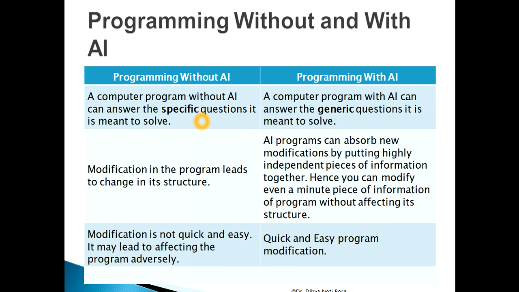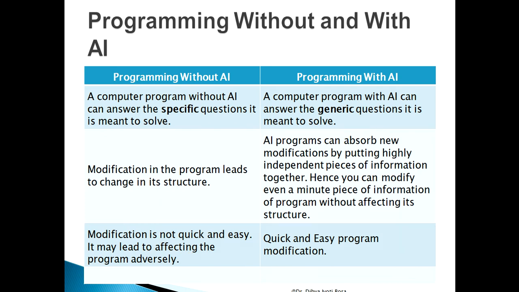As you know, modification of programs in case of programming without AI will change the whole structure. So it is obviously not easy, and of course not quick. It may have an effect that makes the program behave adversely.